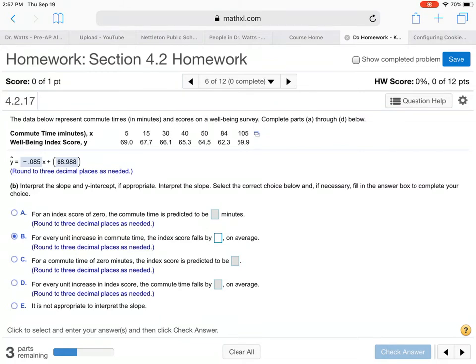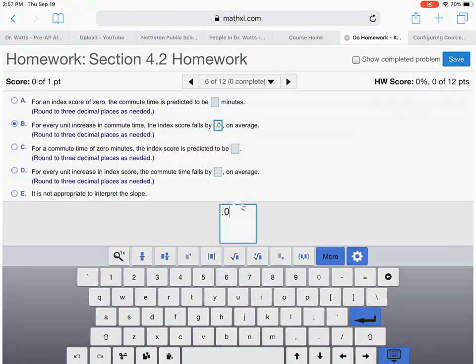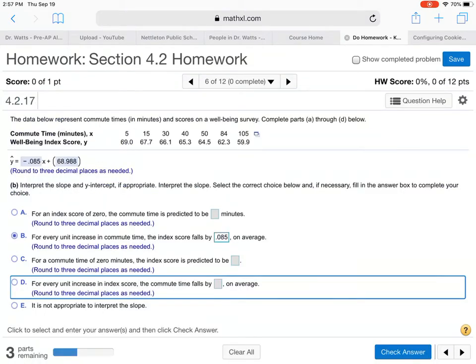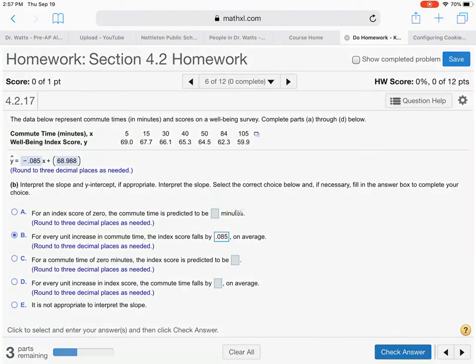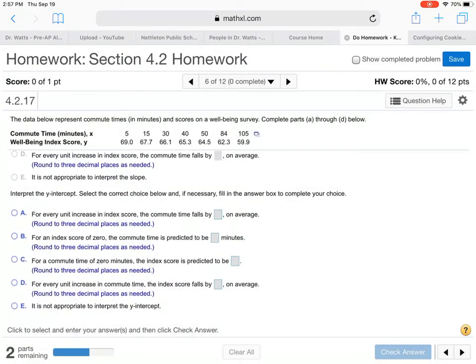For every unit increase in commute time, the index score falls by 0.085, on average. Okay, so since the wording already says that the index score falls, you can leave off the negative. So we're ready to interpret the y-intercept.